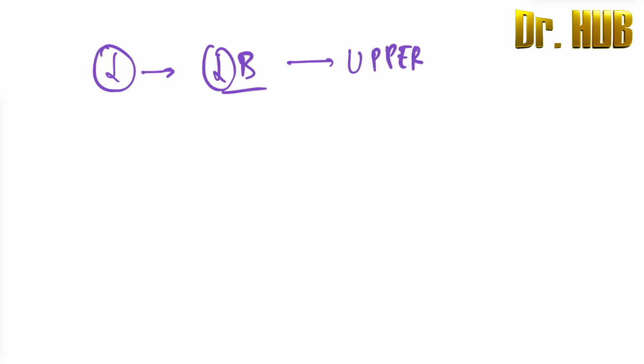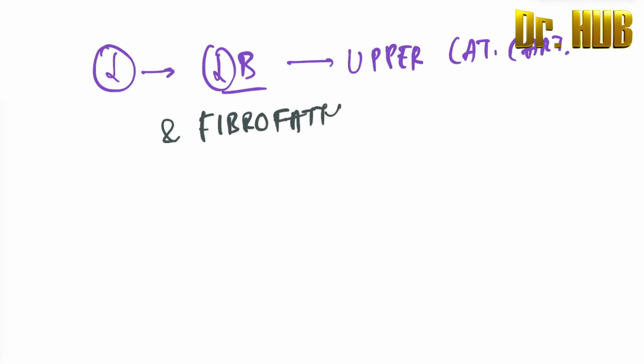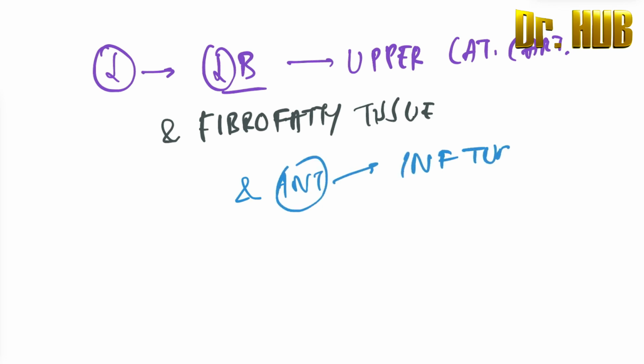So now let's move into theory. Laterally, what is present? Laterally it is the lower border of the upper lateral cartilage, the LB, and the fibrofatty tissue, and the anterior end of the inferior turbinate.